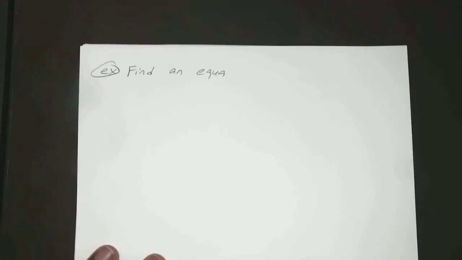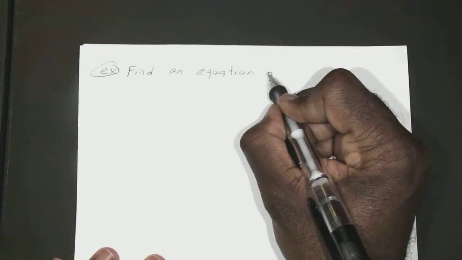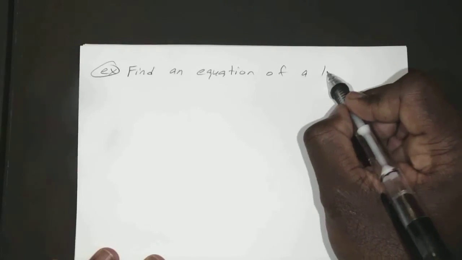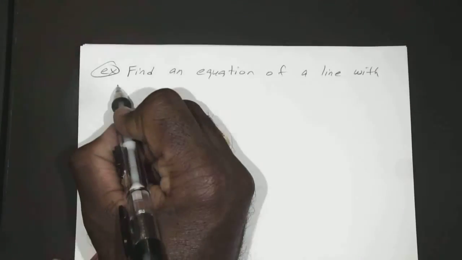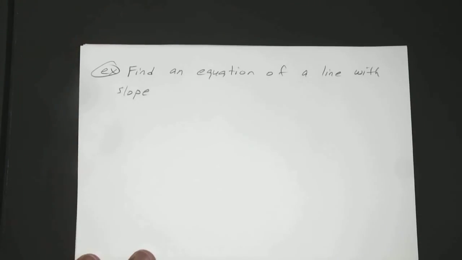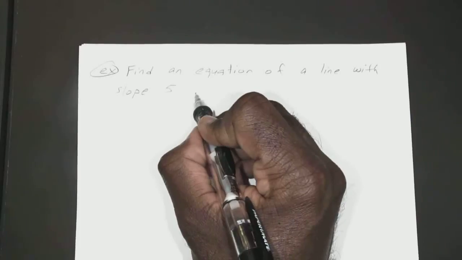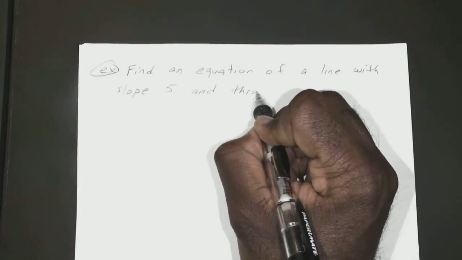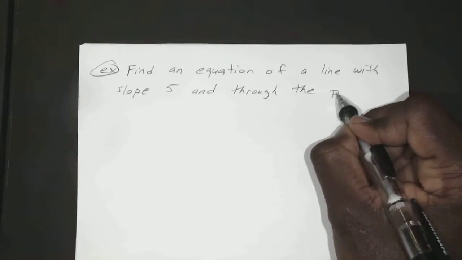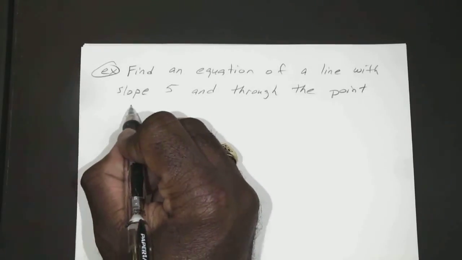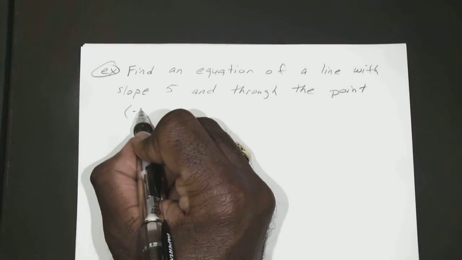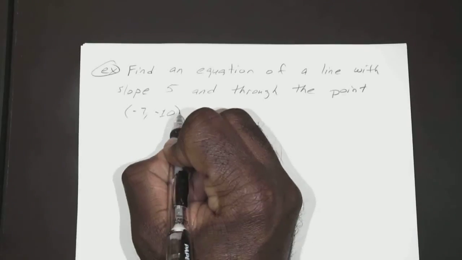So let's say we wanted to find an equation of a line with a slope of 5 and through the point -7, -10.